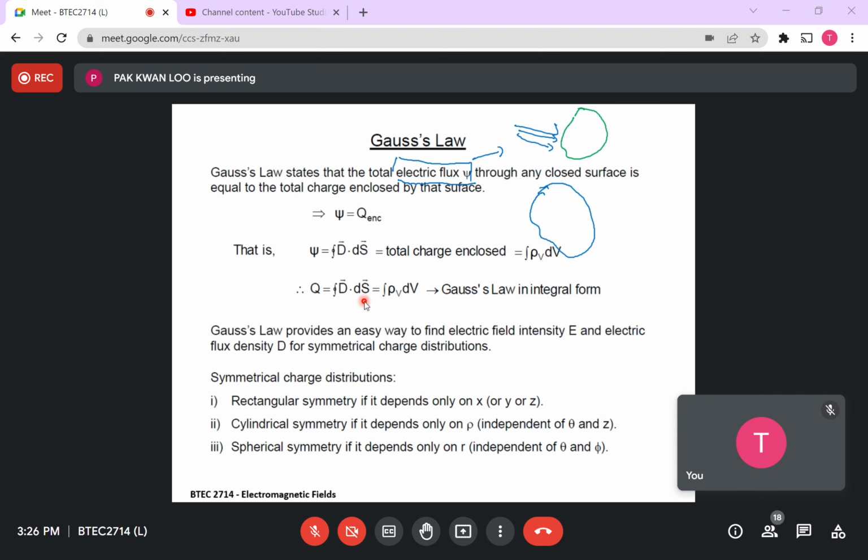This charge enclosed can also be represented as a volume charge. Assuming you have a sphere with all the point charges forming a volume, the total of the accumulated point charge in the sphere is capital Q.